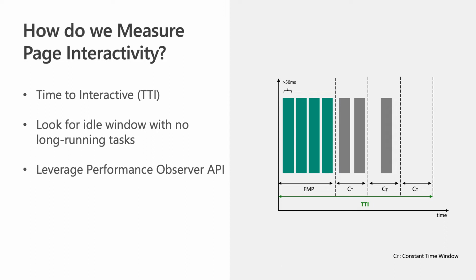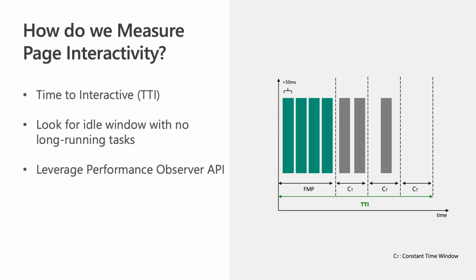Next, let's take a look at TTI. JavaScript runs on the browser's main thread, alongside style calculations, layout operations, and paint. A browser is unable to respond to user actions when long-running tasks are in progress.